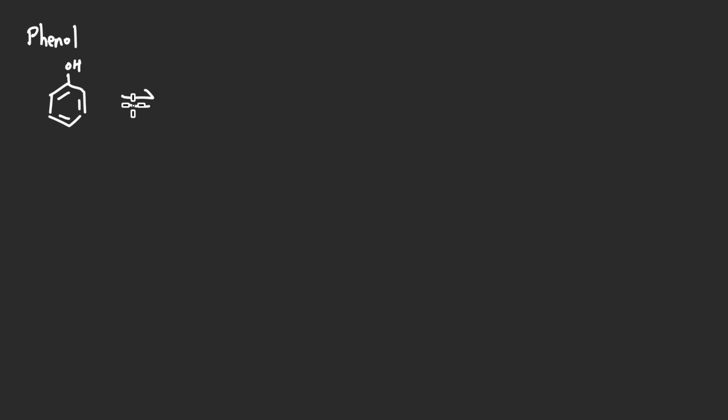So this compound is the conjugate base, and why we say that it is more stable is because it can form multiple resonance structures due to the benzene ring and the electron donating group of this oxygen.